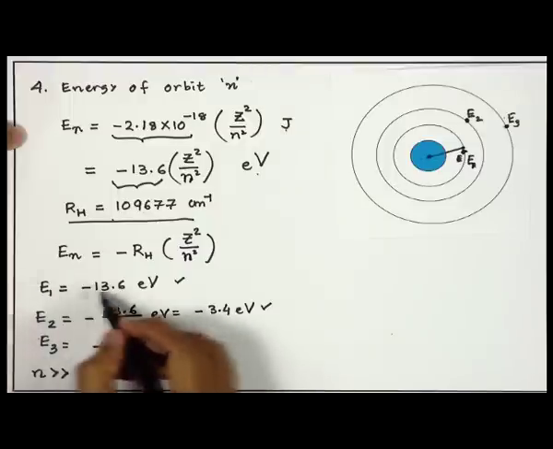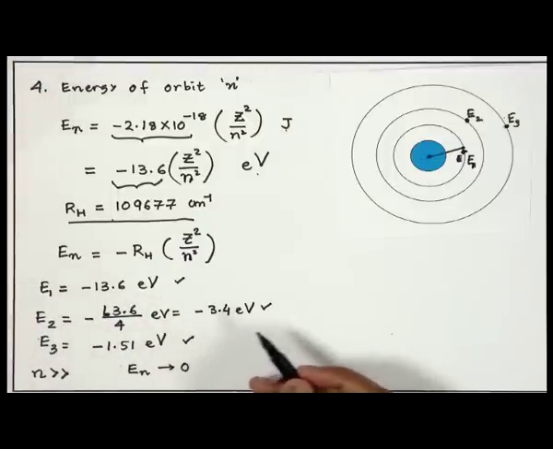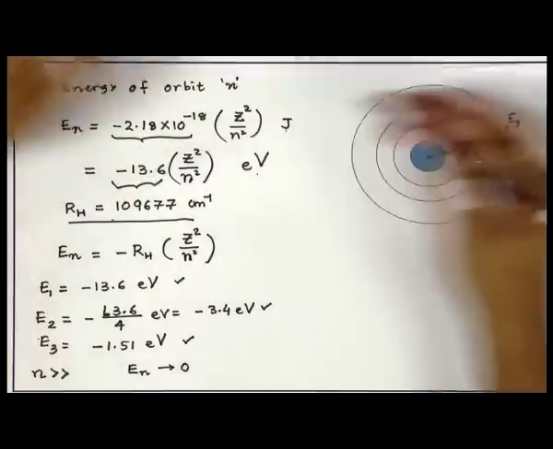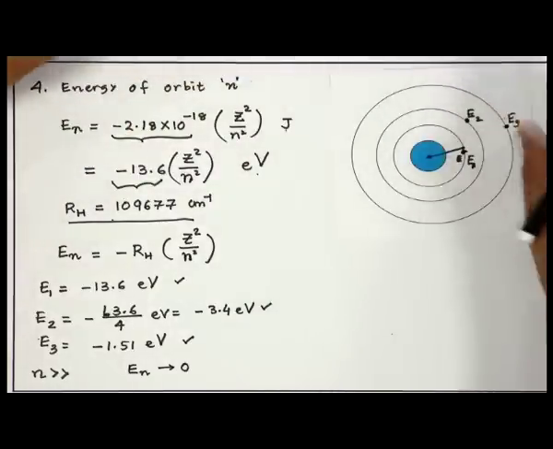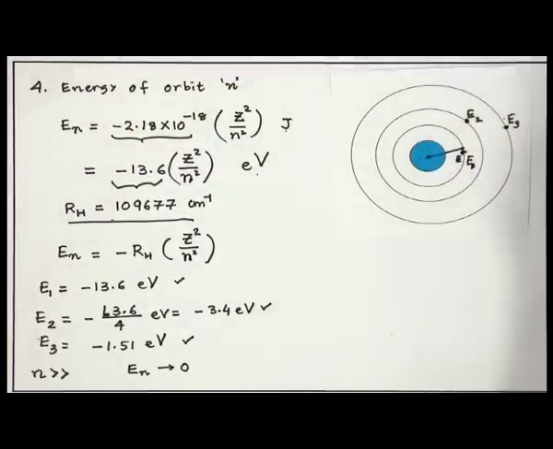What does this negative energy mean? The negative energy means that the electron, which is orbiting around the nucleus, is stabilized by the nucleus. So, the electron is happy in this nucleus, that is reflected by this negative value of energy, which refers to stability. So, the atom is stable, which is reflected by the fact that the energy of the electron is coming out to be negative.